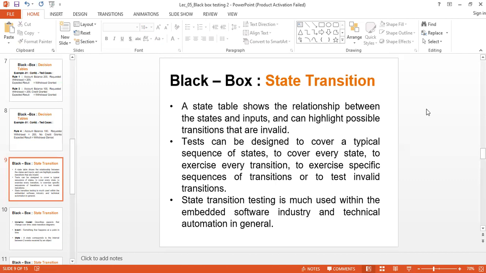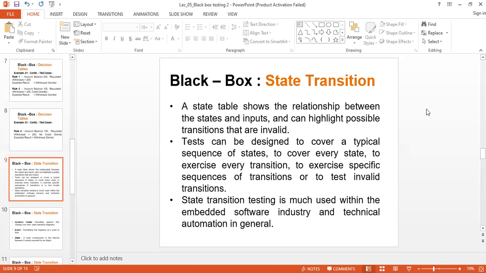But if the switch is off, the bulb is also off, right? There is no possibility of the bulb being on when you switch off your circuit. I'm talking about a very simple diagram, like a bulb circuit, not a complex one, right?